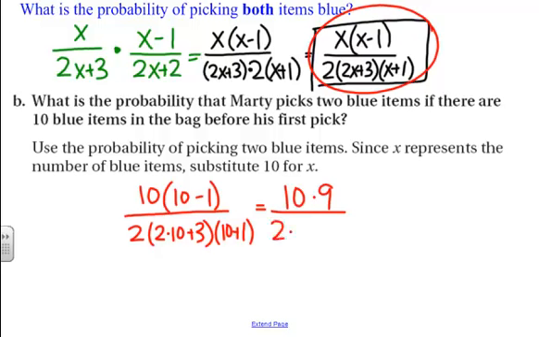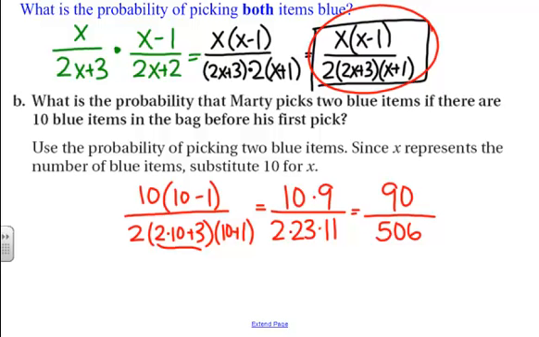On the bottom I have 2 times 23 times 11. And on the top we get 90. And at the bottom, 2 times 23 will give you 46. If you multiply that by 11, you get 506.